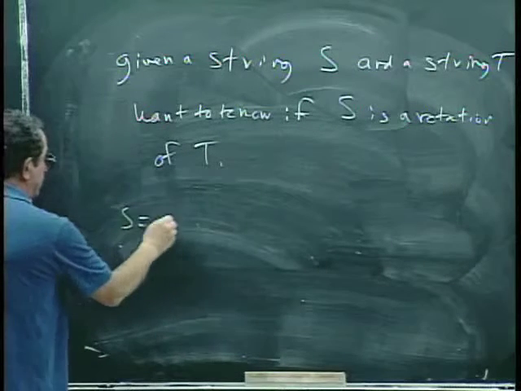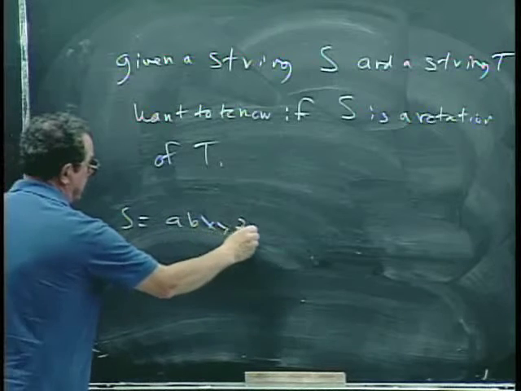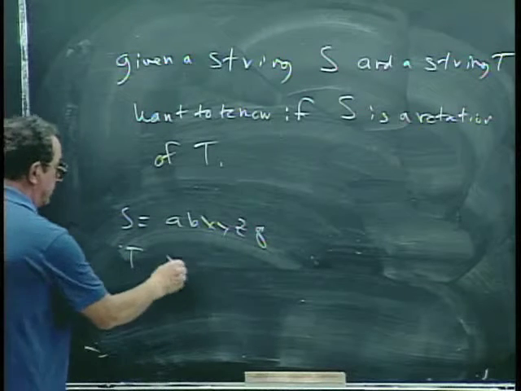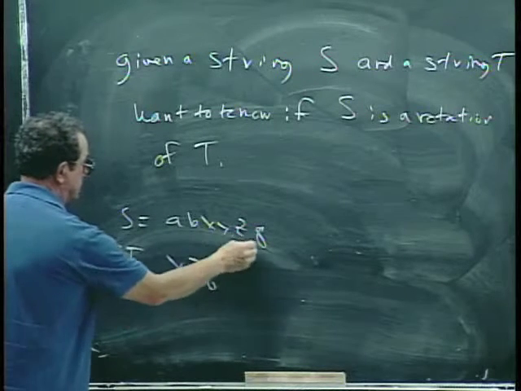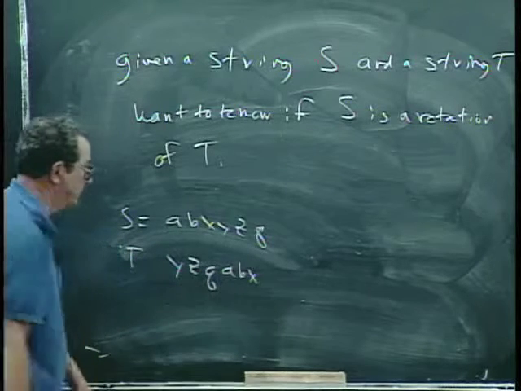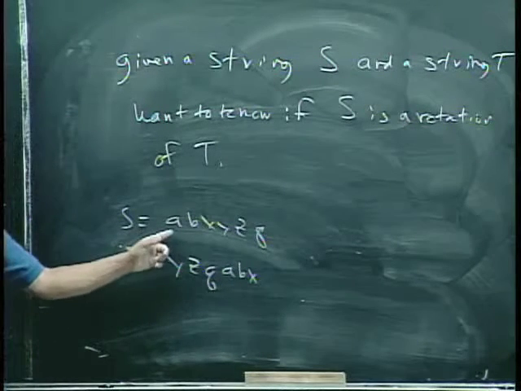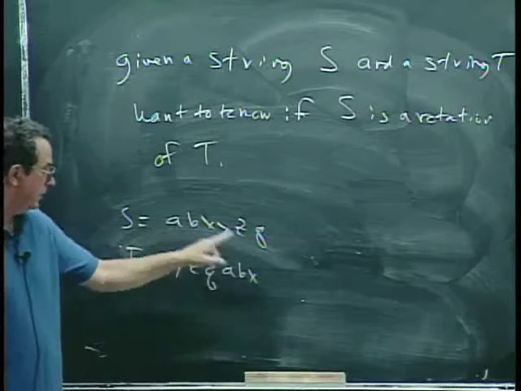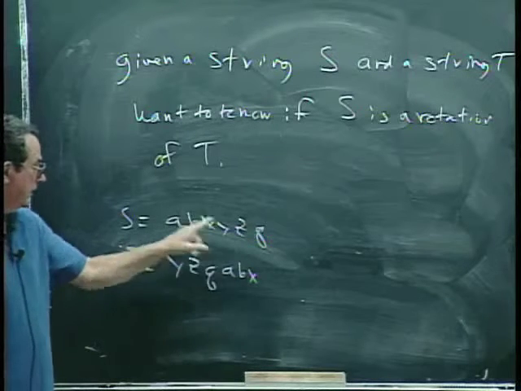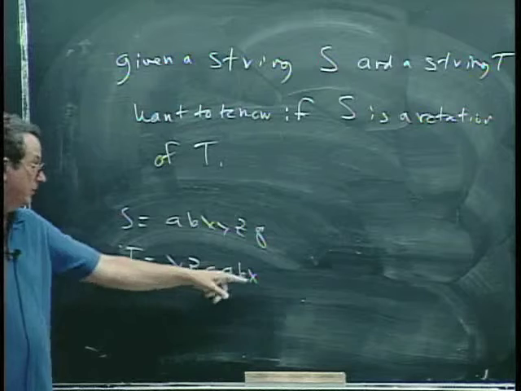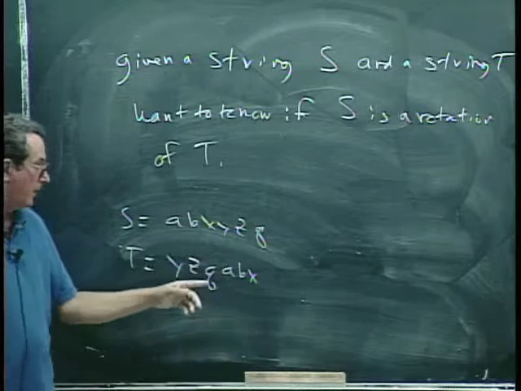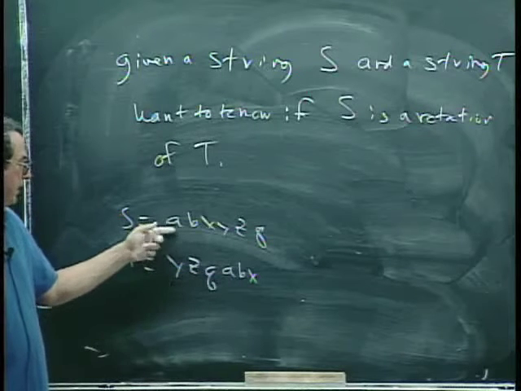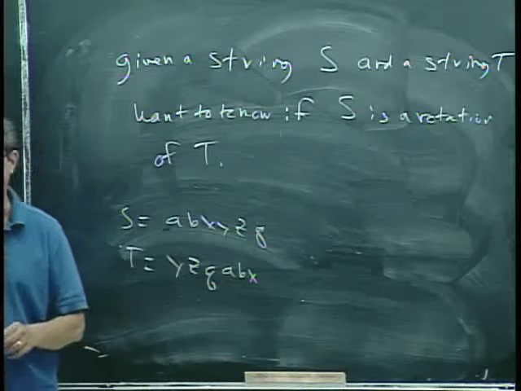Let's say S is equal to AB, X, Y, Z, Q, and T is equal to Y, Z, Q, AB, X. So you can create S from T by doing a circular rotation. X comes in the front, then B comes in the front, then A comes in the front. If you think of these as circular somehow, you do a circular shift, then S and T are just related by circular shifts, right?